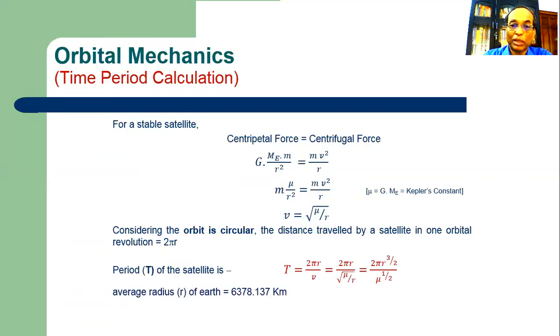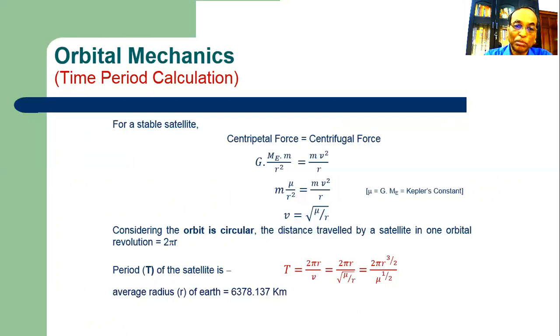Considering the orbit is circular, as I told you, if it is GEO the orbit is more or less circular, the distance traveled by the satellite in one orbital revolution is equal to 2 pi r. So the period of the satellite T is equal to 2 pi r divided by v, the velocity of the satellite, which is 2 pi r divided by square root of mu by r, equal to 2 pi r to the power 3 by 2 divided by mu to the power half.